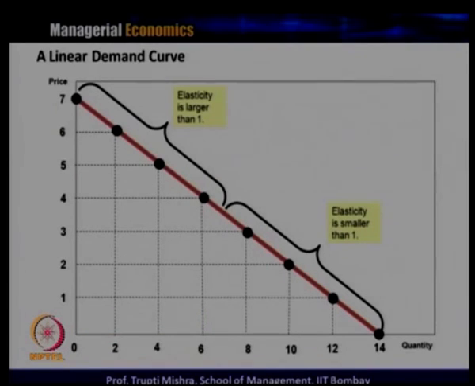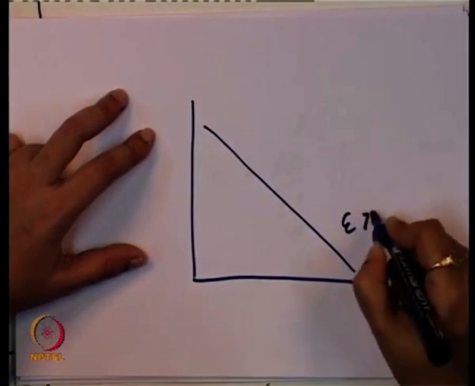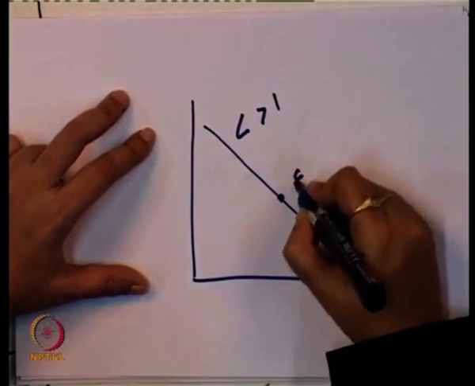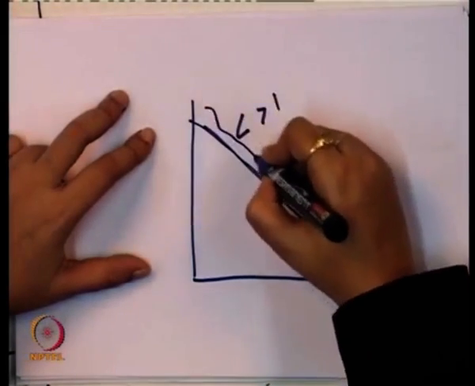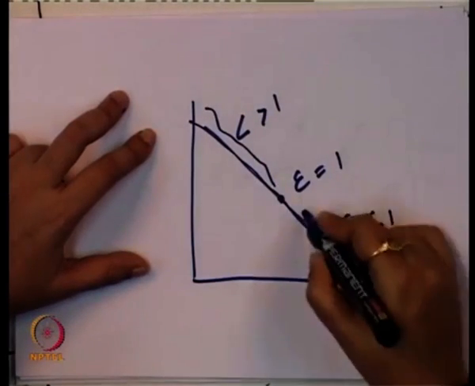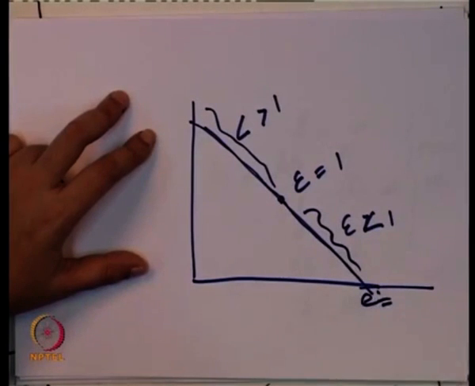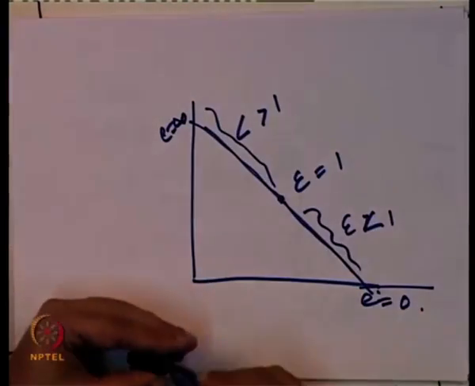At the different points of the linear demand curve, the elasticity of demand takes a different value. In the linear demand curve, at this segment elasticity is less than 1, at this segment elasticity is greater than 1, and at the midpoint elasticity is equal to 1. So, this is the elastic segment of the demand curve, and this is the inelastic segment. At one extreme the elasticity is equal to 0, and at the other it is infinite.